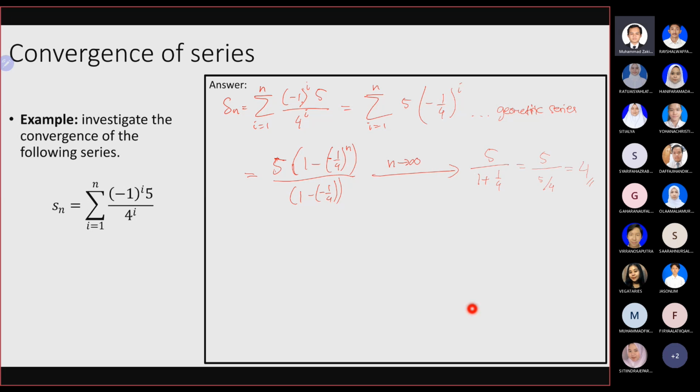Kalau kita lihat di sini, ini adalah deret geometri dengan suku pertamanya 5, dengan a-nya 5 dan rasionya adalah min 1/4. Kita tahu dari tadi, kalau mutlak dari rasionya kurang dari 1, maka dia pasti konvergen. Sudah, ini adalah deret yang konvergen.